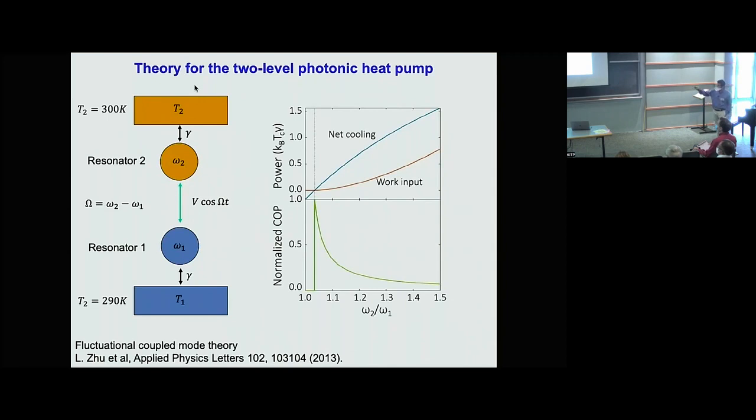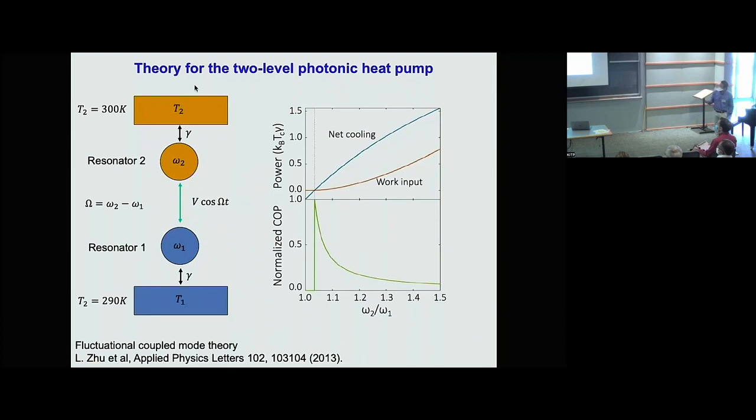At threshold, the coefficient of performance is at the Carnot efficiency limit. And of course, you have zero power, you have zero net cooling. And then as you increase the frequency difference, the power goes up, but the efficiency goes down, as what you typically expect from a heat engine.